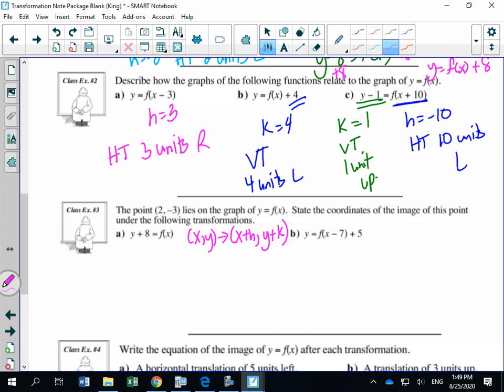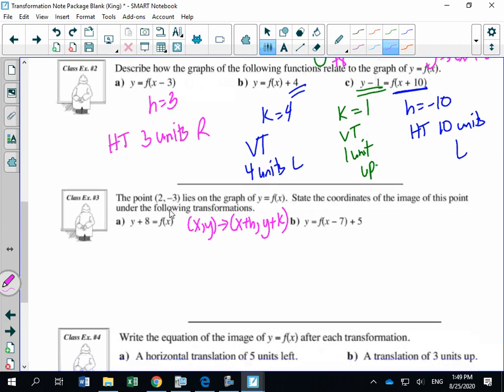In this first question, they give me this coordinate here. They're saying this point lies on the original graph. State the coordinate of its image. The image is after it's undergone a transformation. So when I take 2, -3, and it undergoes this transformation, what will this new point be, is what it's asking. Okay, so how do we do that?